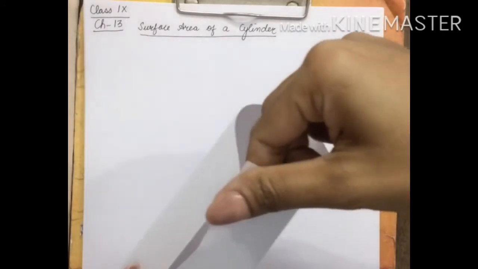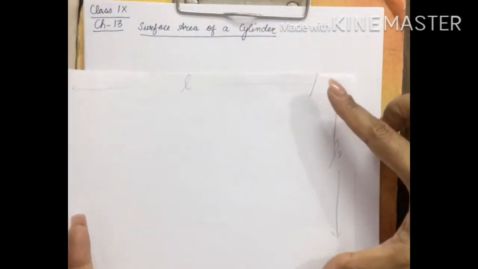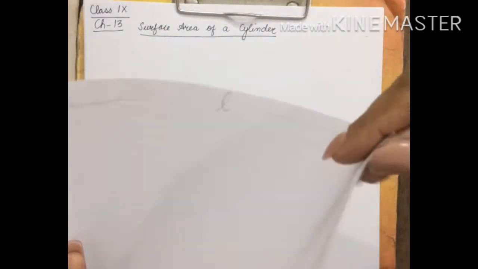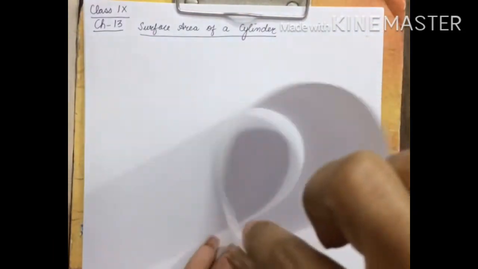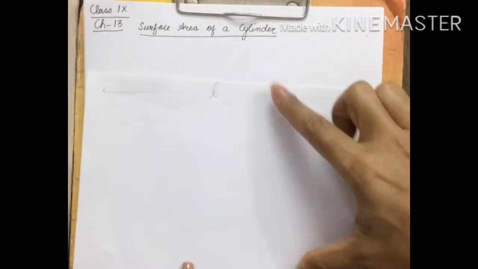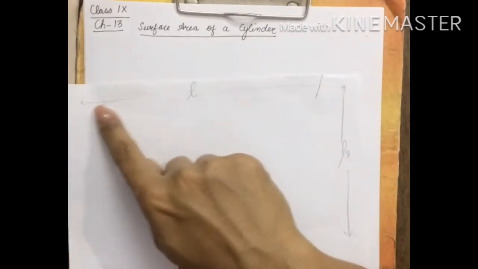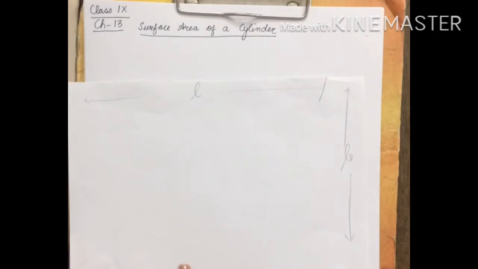The length got converted into this circular boundary, and the width got converted into this height of the cylinder, the vertical height. If I had rolled this sheet along the width, along this side, then this side would have become the circular end and the length would have become the height of the cylinder.